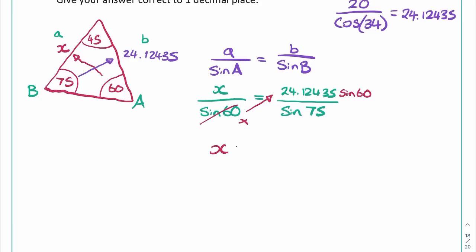So x will equal, and let's just type it straight in to avoid writing down loads here, 24.12435 on the top of the fraction, sine 60, and on the bottom sine 75. Press equals, and we have x is equal to 21.6293 and then a few zeros.